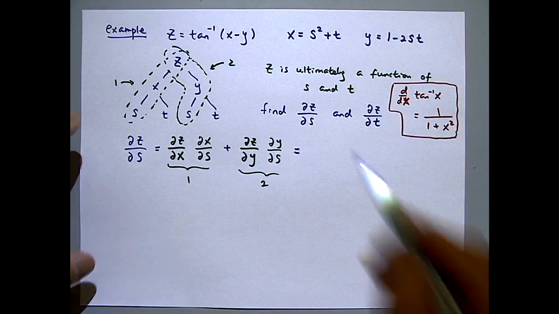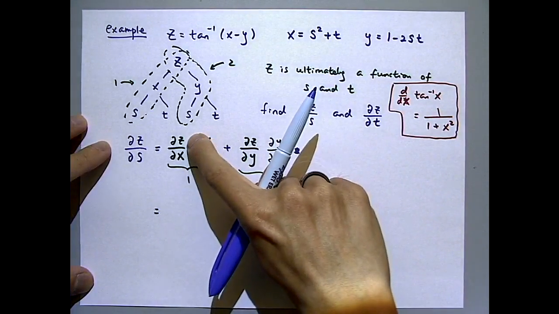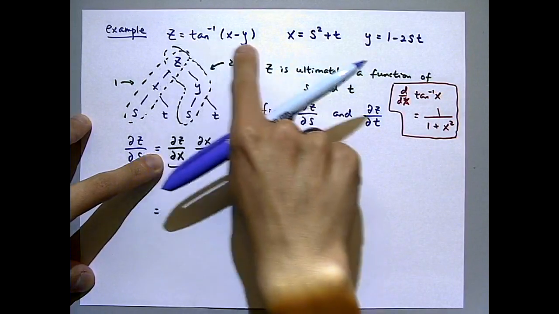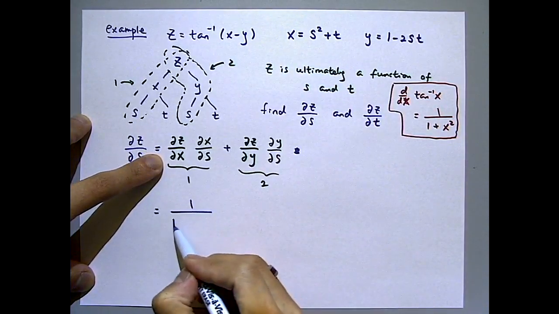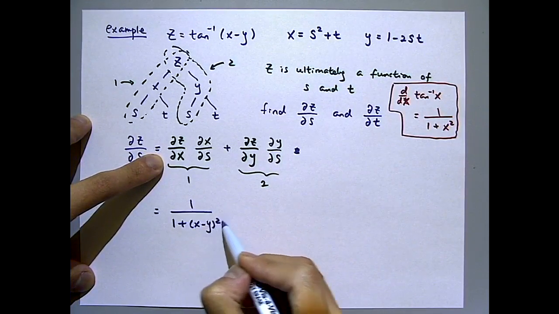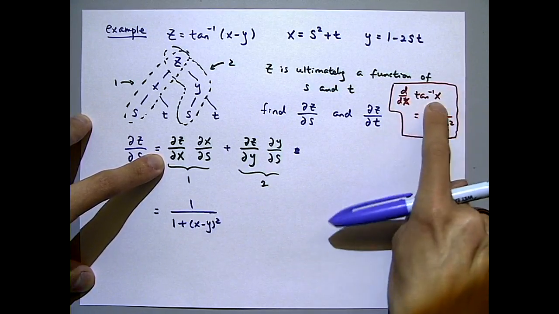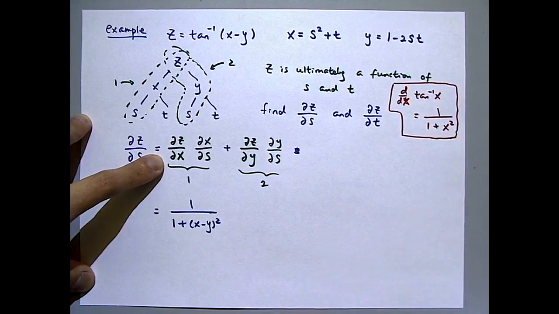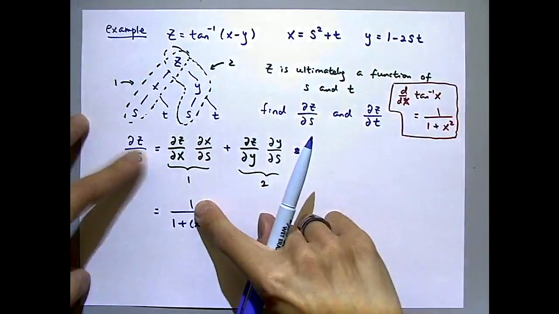All right, so let's fill in the blanks here. Partial derivative of z with respect to x. So it's 1 over 1 plus x minus y, the quantity squared, right? Partial derivative of tangent of blah is 1 over 1 plus blah squared. And now you got to use the chain rule, derivative of x, and that's a 1.